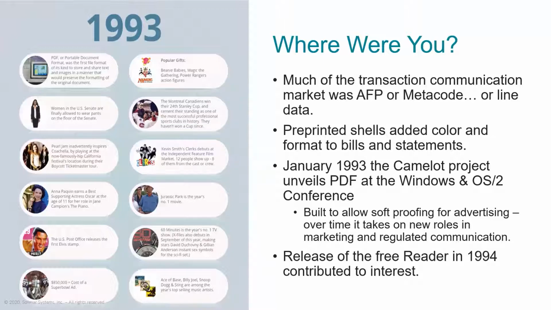It had a lot more drag and drop interface. It was a lot more WYSIWYG in a lot of ways: what you see is what you get. But OS/2 sort of wandered off and got merged into various forms of Unix and grew from there. But the PDF that was introduced was really an idea, right, in 1993.